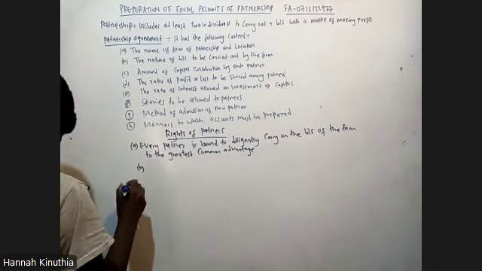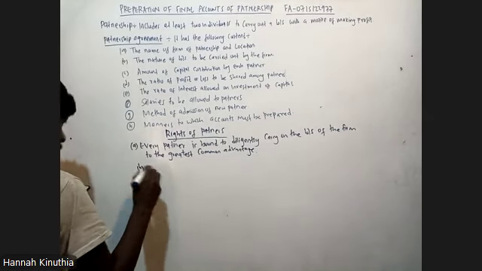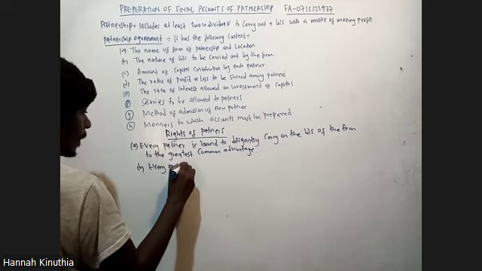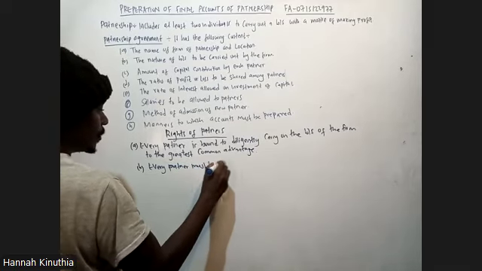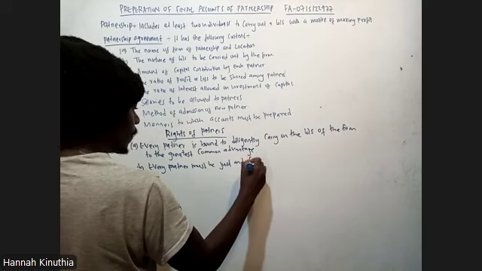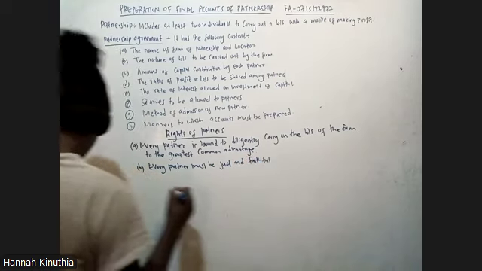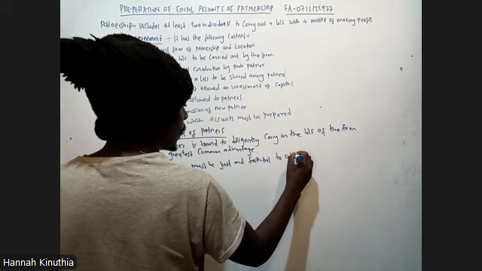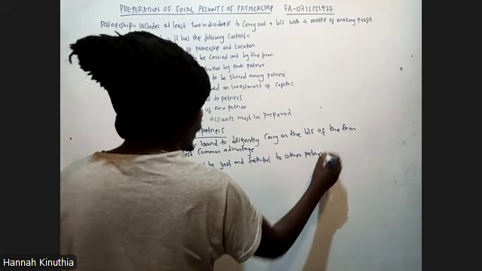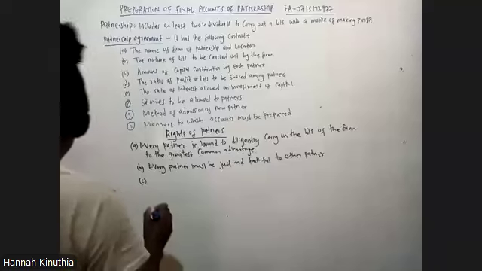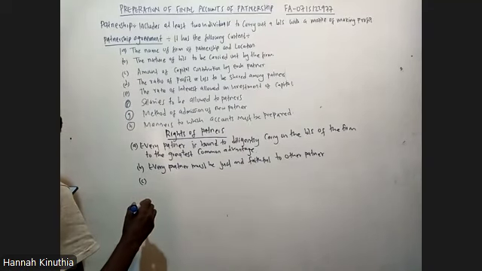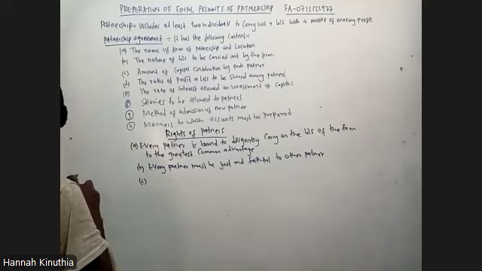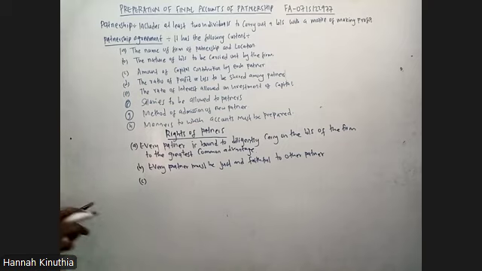Number B: every partner must be just and faithful to other partners. Sorry, these are the wrong ones.